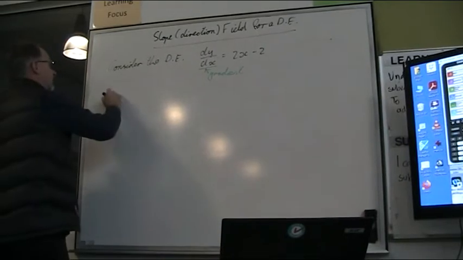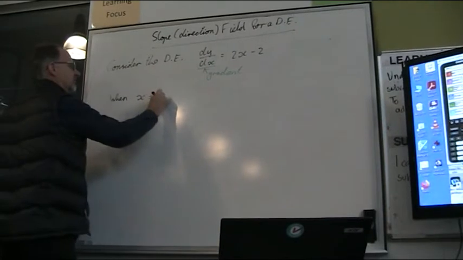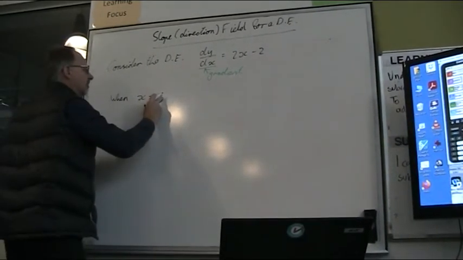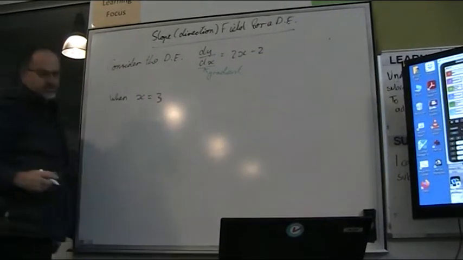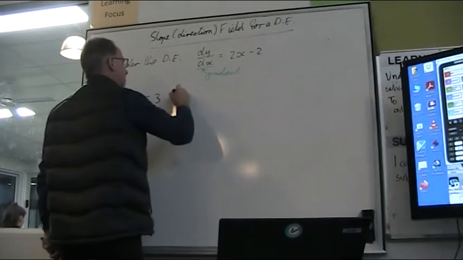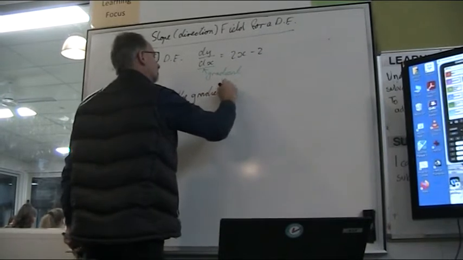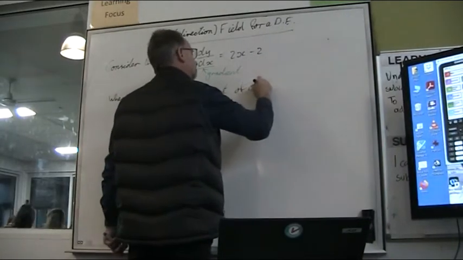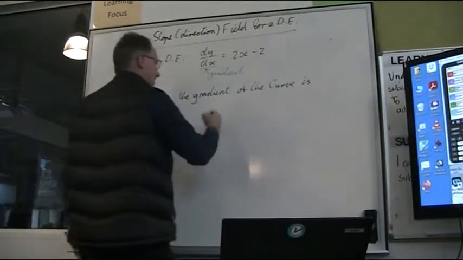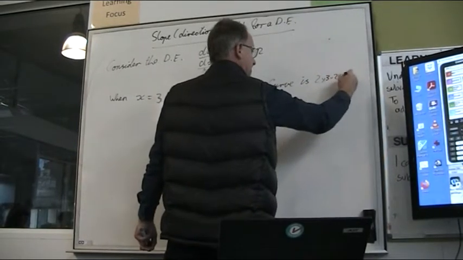So for example, when x is equal to 3, the gradient of the curve that this relates to is 2 times 3 minus 2.